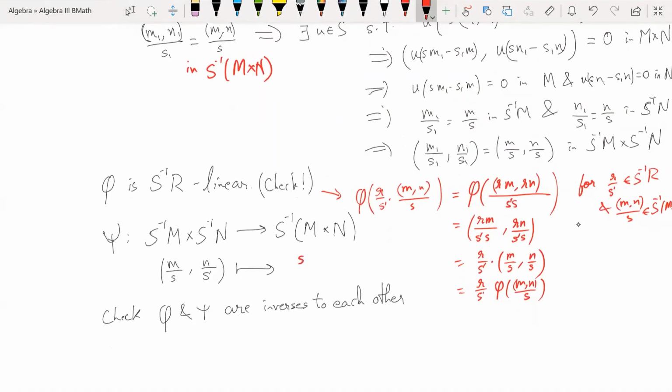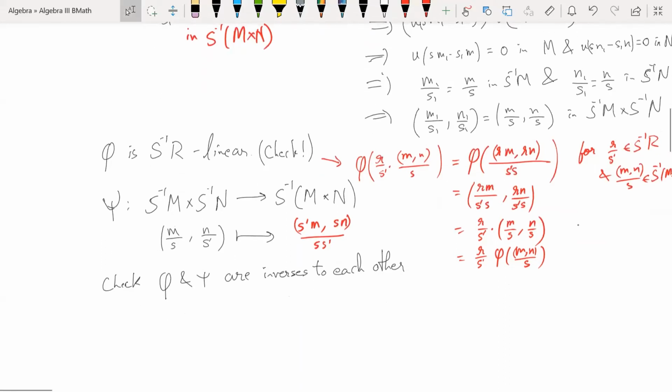The point is M over S is the same as S prime M over S prime S, and N over S prime is the same as S N over S S prime. Once the denominators are the same, you know what to do. To make the denominator the same, we multiply both numerator and denominator by the appropriate element. So you take C to be this map.